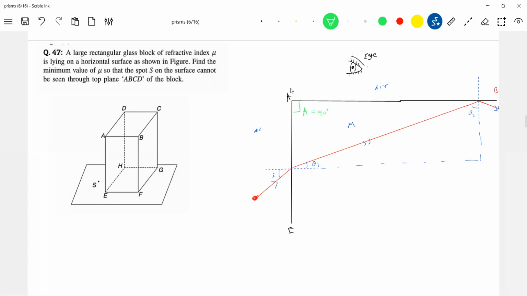I don't want to take the help of a slab or anything. So I'm just putting forward the idea: for the condition of no emergence, what should be the angle of prism? It should be greater than or equal to 2 times the critical angle for no emergence. So we know the angle of prism.